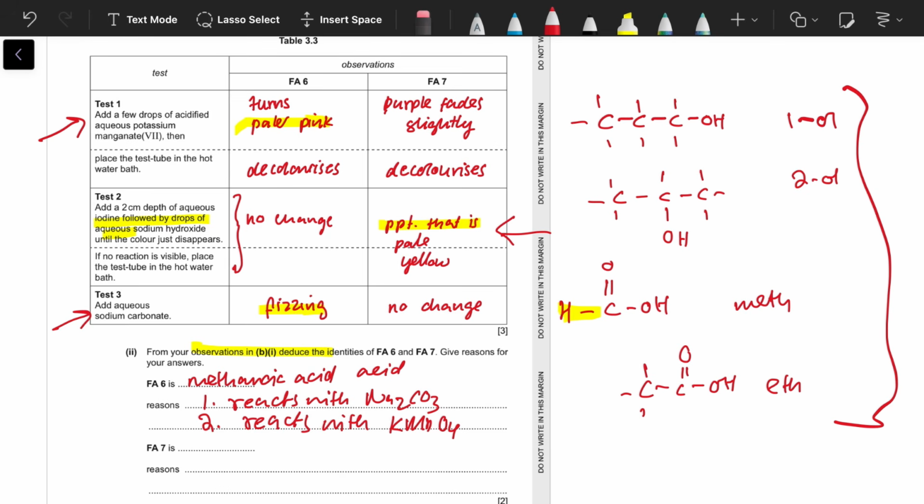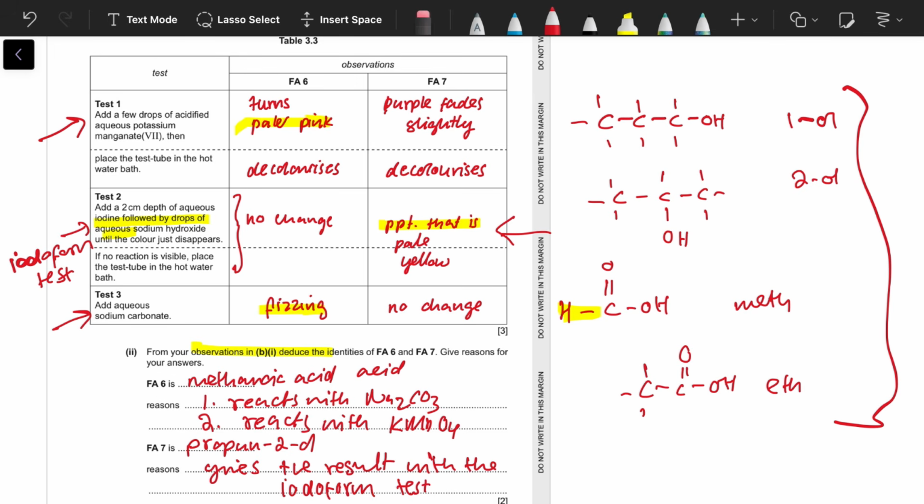This is our typical iodoform test. So our propan-2-ol would give a precipitate in this case. However, our propan-1-ol would not, and that is how we would distinguish between the two compounds. So our Fa7 is propan-2-ol. And the reason is because it gives a positive result with the iodoform test.